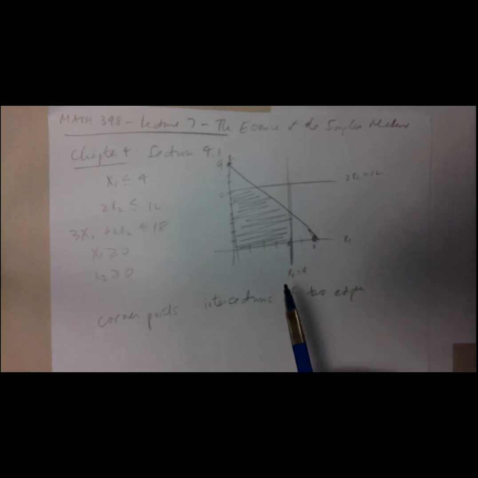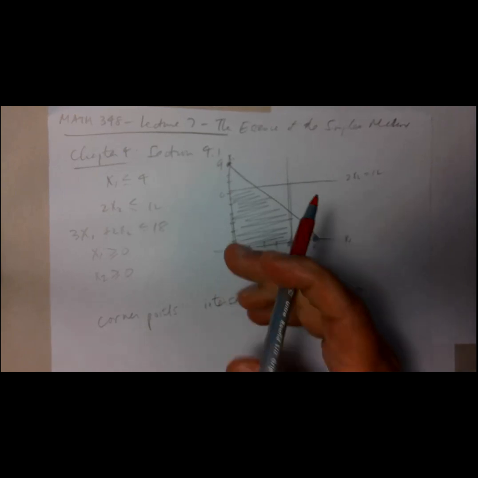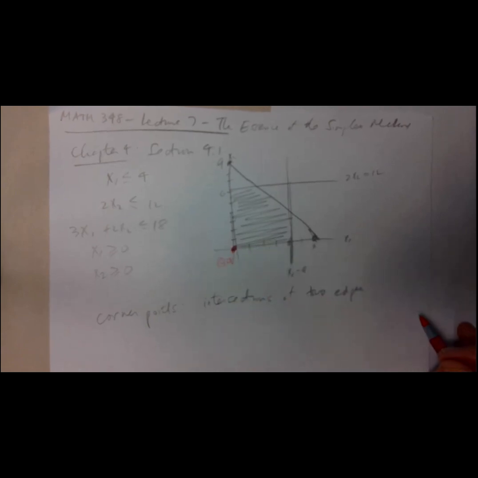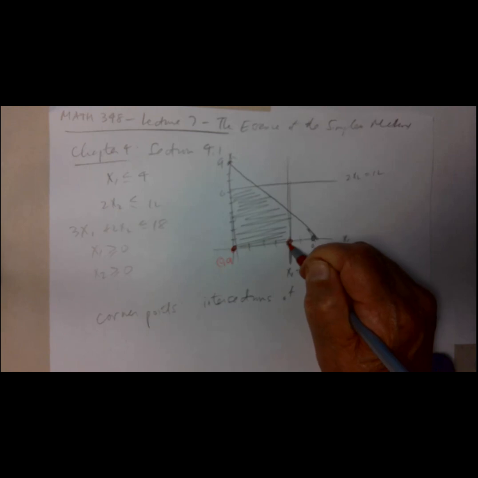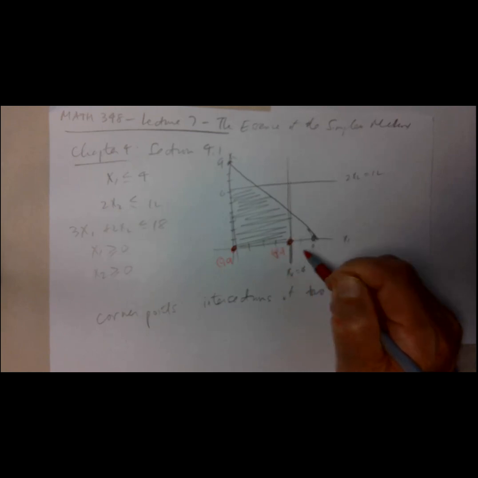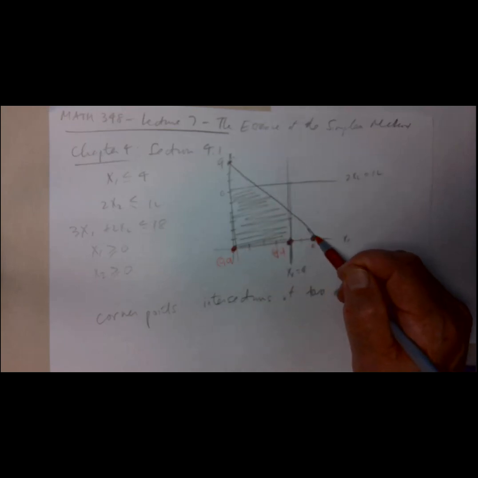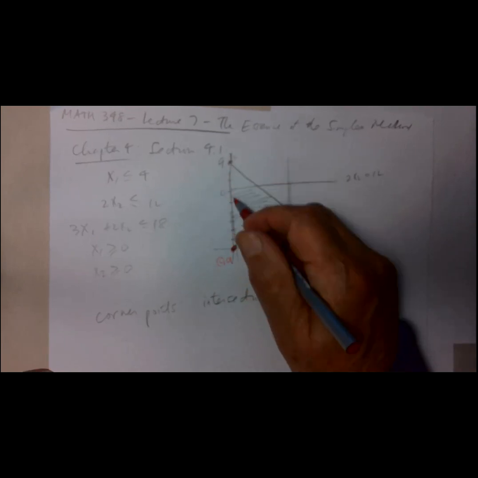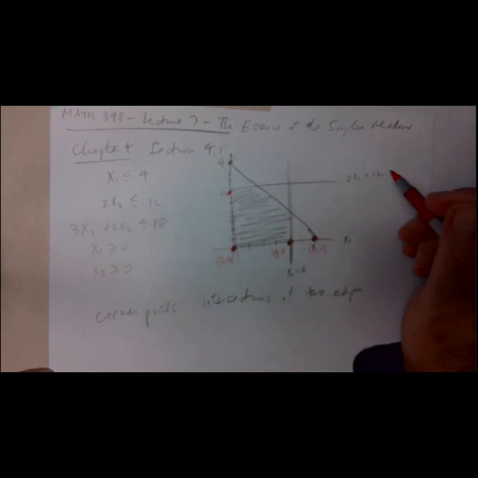So, for example, if you take x1 equals 0 and x2 equals 0, the corner point is right here, 0, 0. If you take the line x2 equals 0 and x1 equals 4, the corner point is right here, 4, 0. If you take this line and this line, the intersection is this point, 6, 0. If you take this line and this line, the intersection point is there.